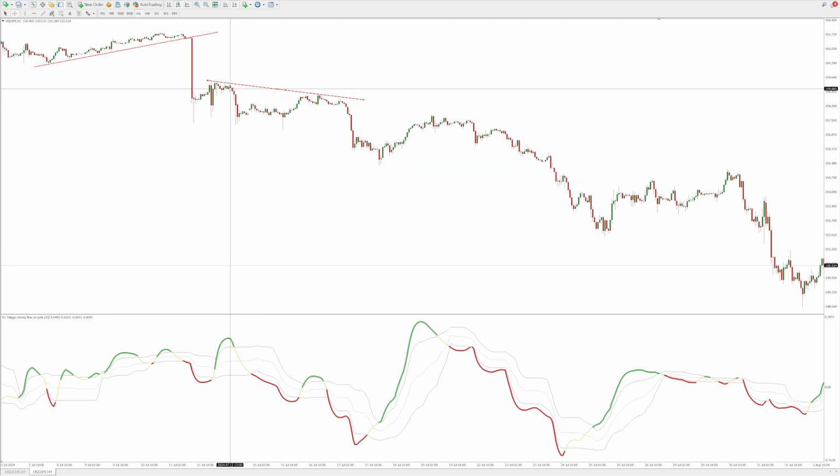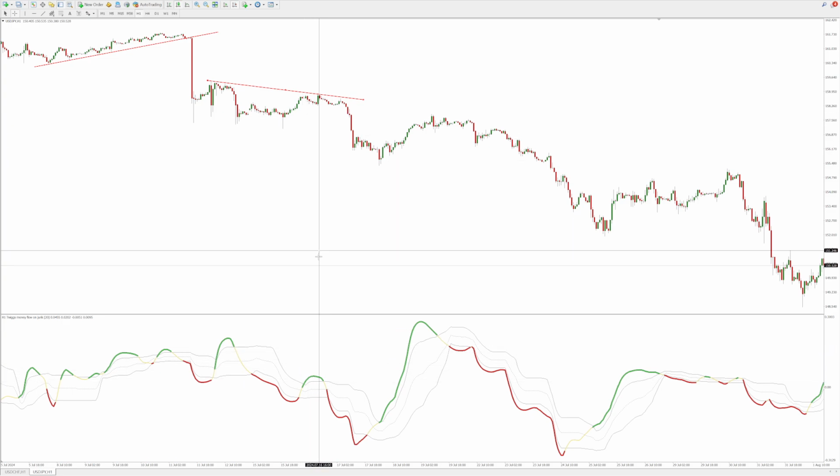Once we've confirmed the trend, as you can see here, weak market is selling, it's red. You wait for it to turn green, in the opposite direction basically. So once this turns green, the money flow increases. If you're using the standard Twiggs Money Flow indicator, you just want it to increase in value.